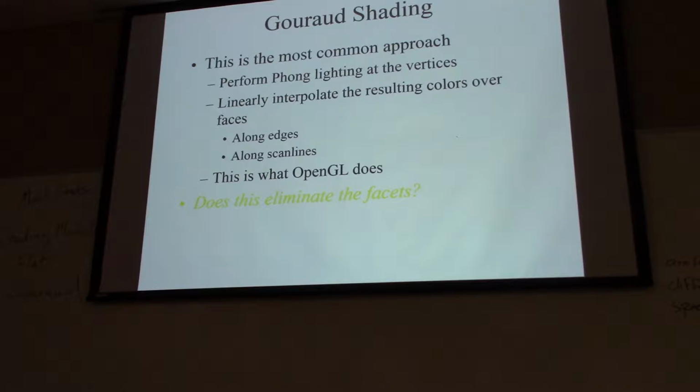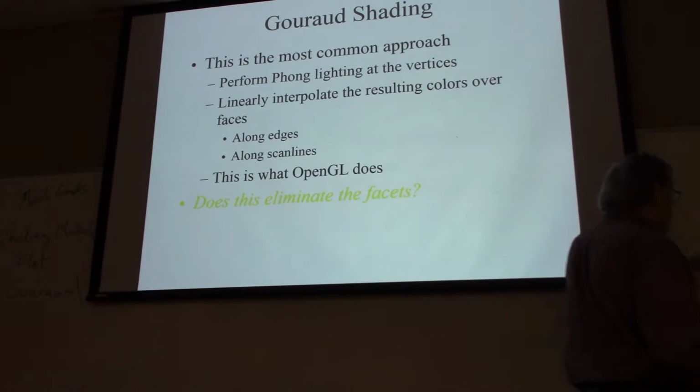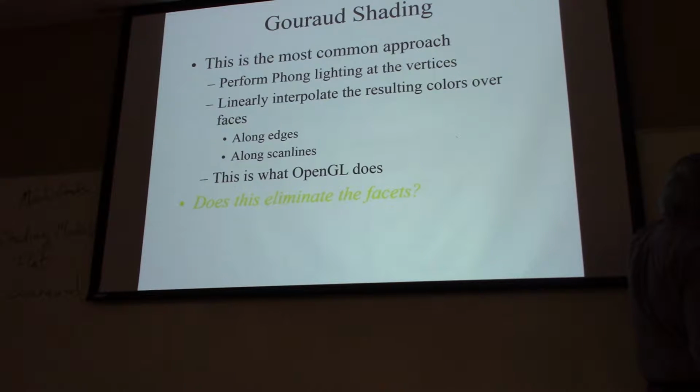Now to get the shading in between, we are going to average the color, or average the reflectance, for the 3 vertices. So if we're along here, it's going to be the average of the color here and the average of the color there. If we're in the middle, it's going to be a weighted average of all 3.